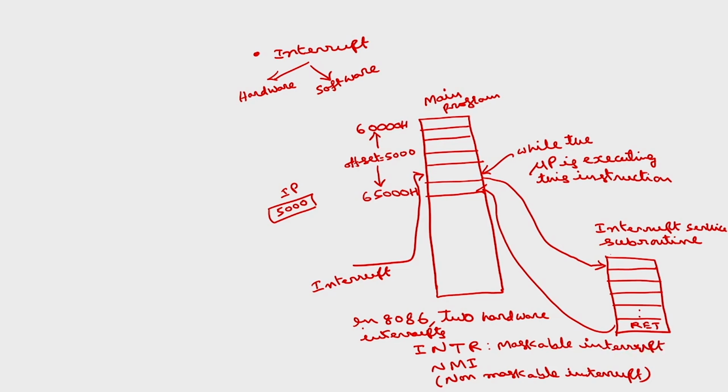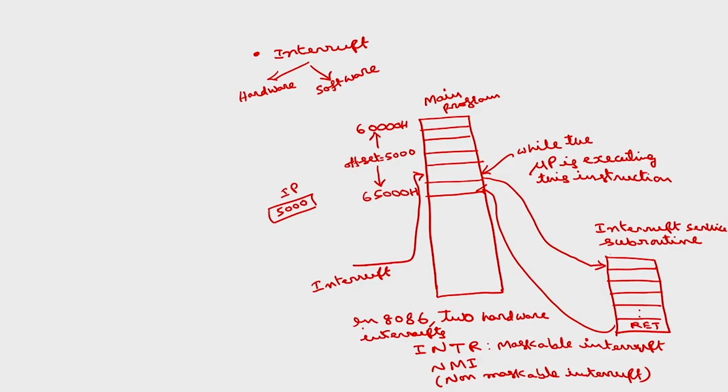What is meant by non-maskable and maskable? Non-maskable, as the name implies, cannot be disabled. It can be used to interrupt the microprocessor at any time, whereas INTR can be disabled by the programmer. Suppose the microprocessor is executing an emergency task in the main program itself, at that time it can disable INTR through some program, but NMI cannot be disabled.